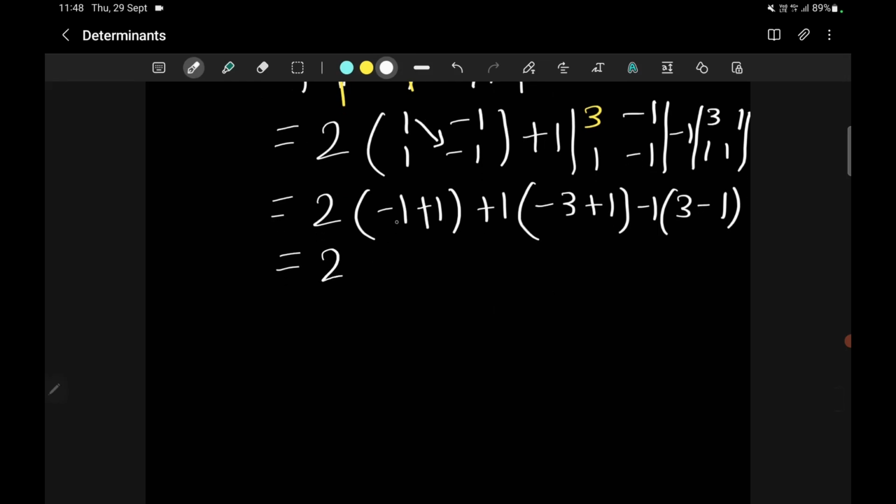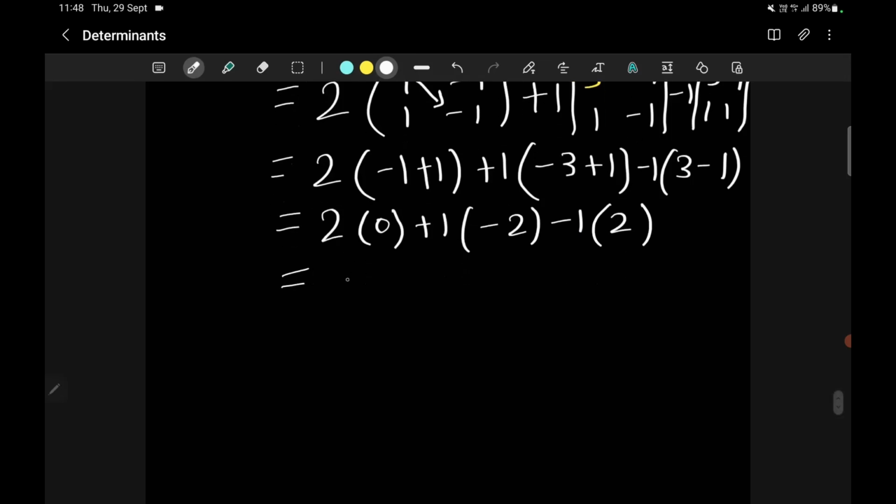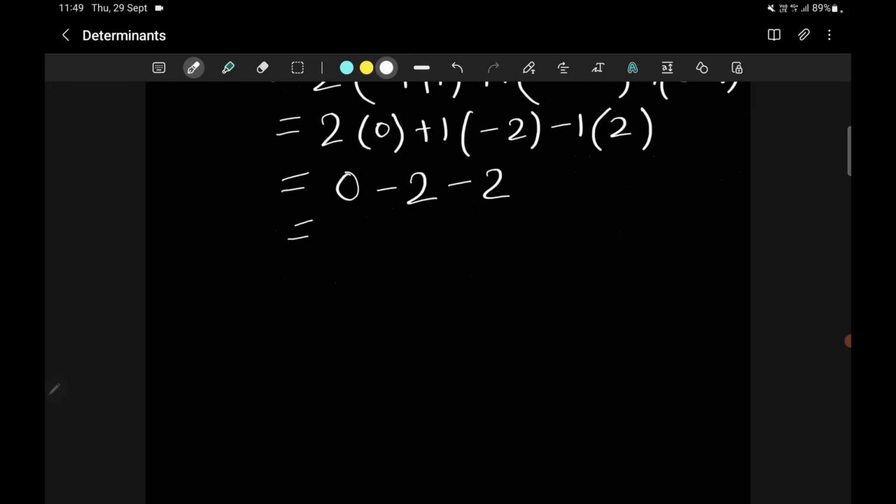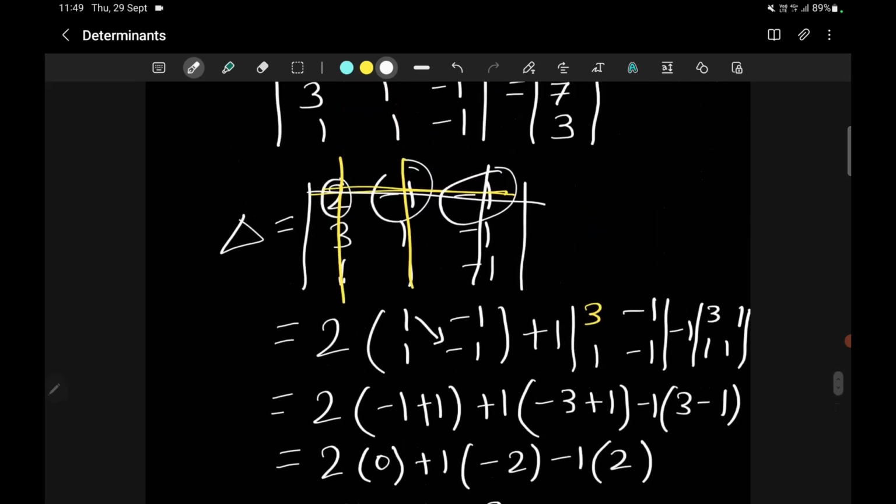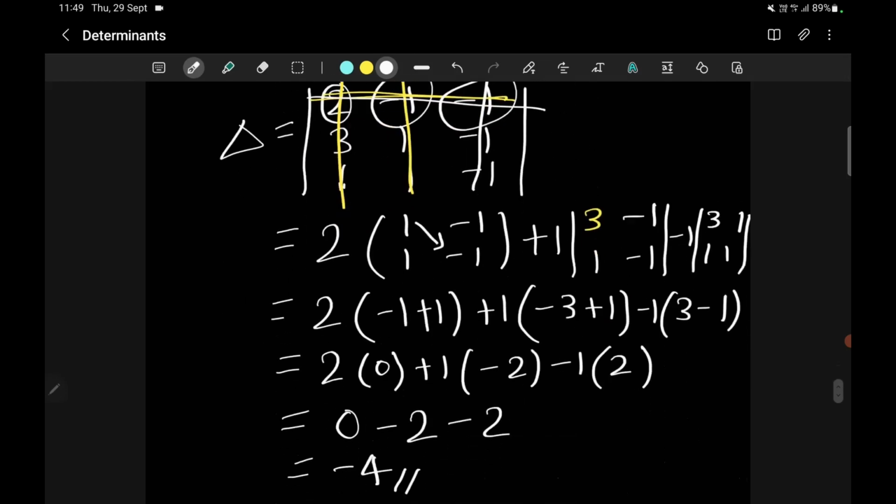Two as it is. Minus 1 plus 1 becomes 0. Plus 1. Minus 3 plus 1, minus 2. Minus 1. 3 minus 1 is 2. 2 into 0 is 0. Minus 2 into 1 is minus 2. 2 into minus 1 is minus 2. Now let's simplify this. Minus 2 and minus 2 becomes minus 4. This is our delta.